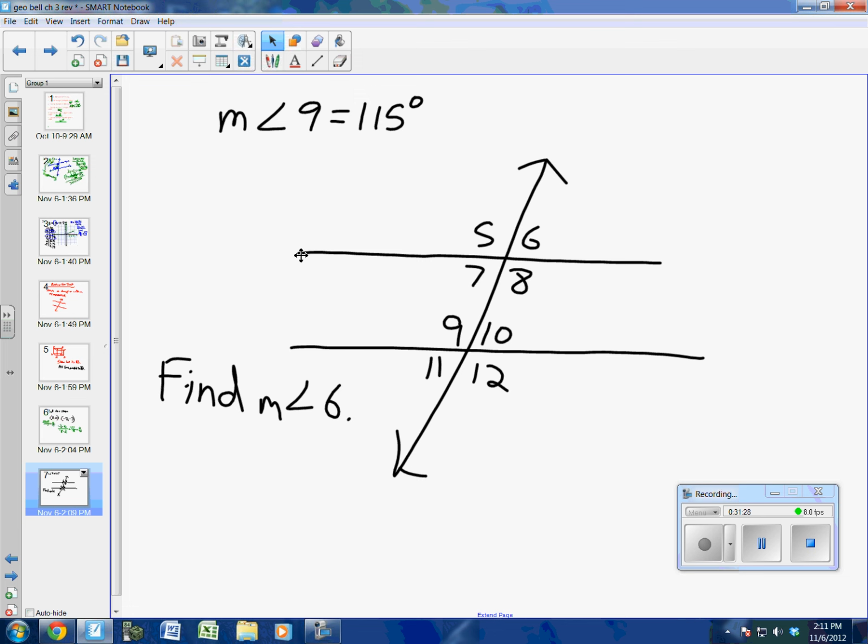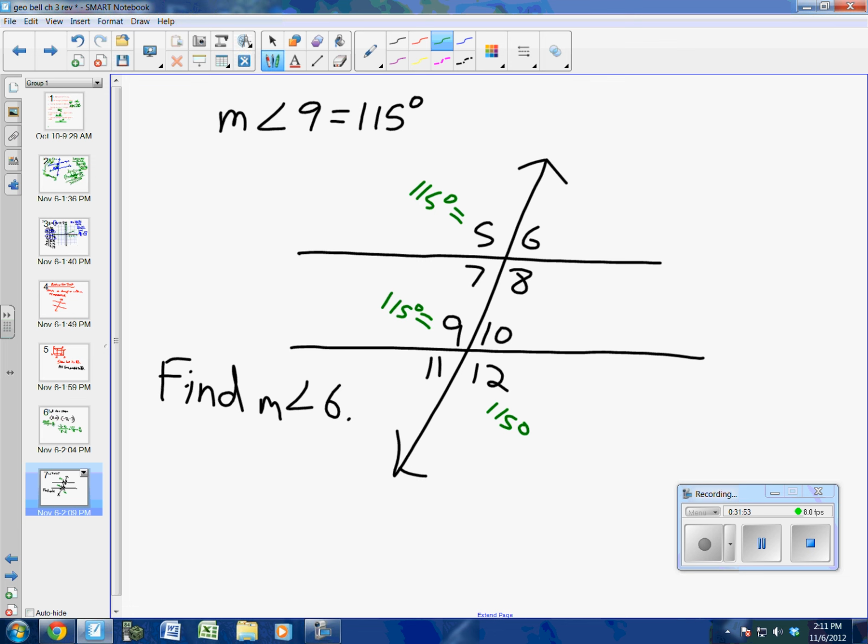Guys, it's 65 degrees. Look, I want you to understand this. If measure of angle 9 is equal to 115 degrees, then every other angle on there is either going to be 115 or the supplement of 115. What's the supplement of 115? 65. This one's 115. This one and this one correspond, so that one's 115.